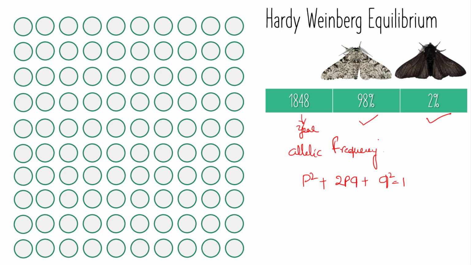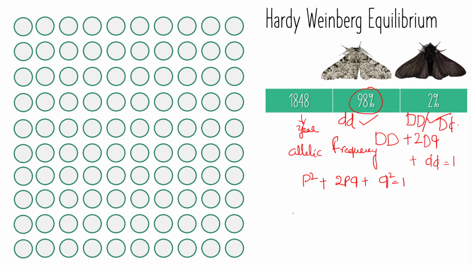Here we know that p square denotes capital D, that is homozygous dominant, and 2pq stands for heterozygous, plus q square always denotes small d, is equal to 1. Now we know that the light colored pepper moth number is 98%, which denotes small d, and this 2% denotes either capital D capital D or capital D small d.